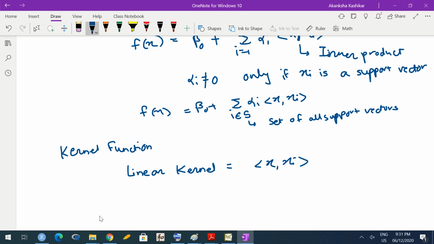However, we can have a polynomial kernel of degree d.